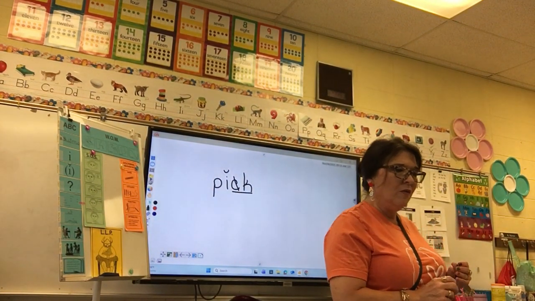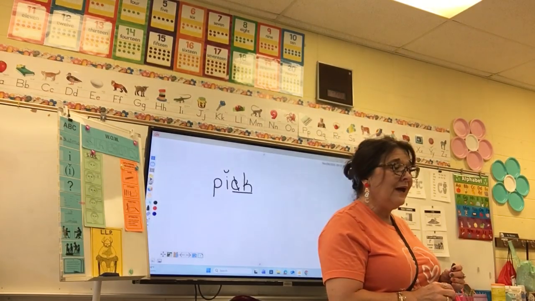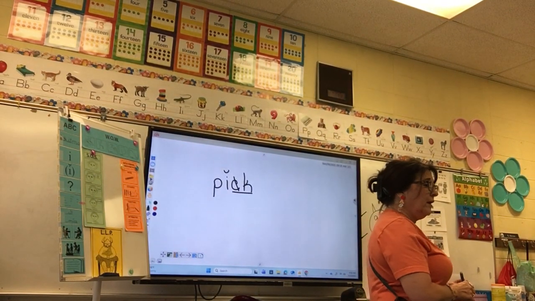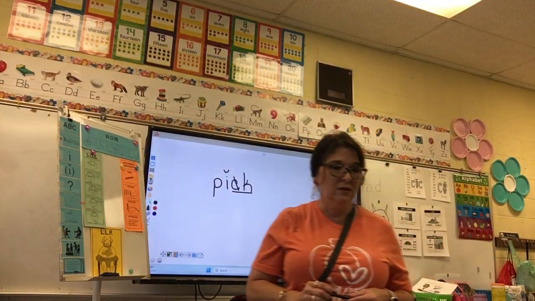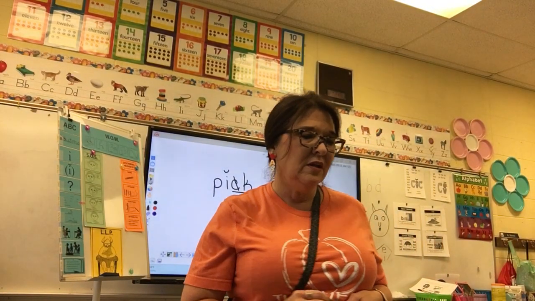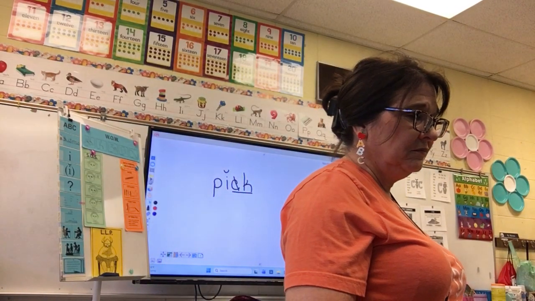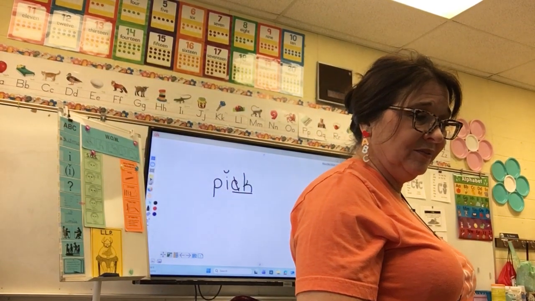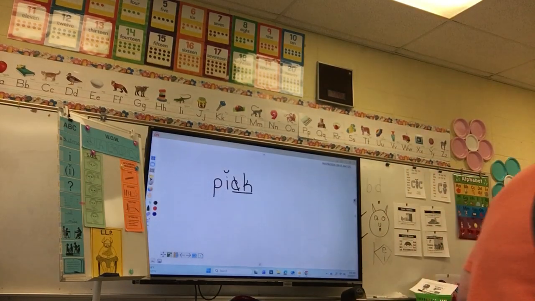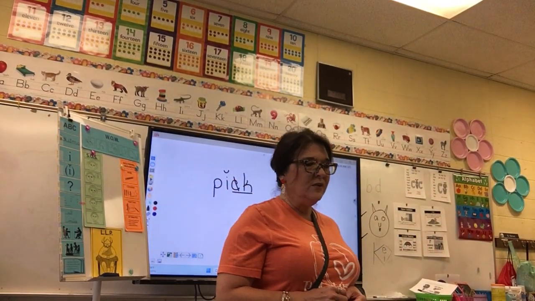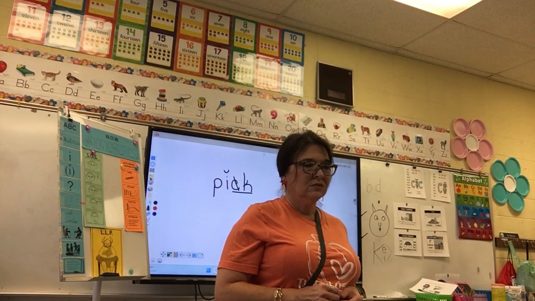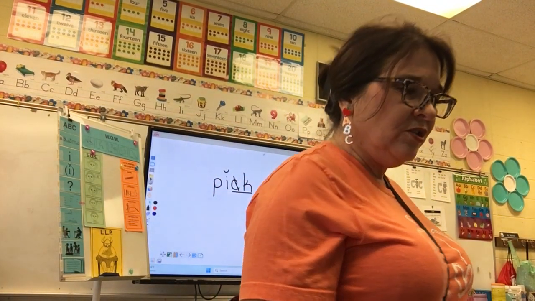So on the first row, I'm going to let you go ahead and code each word because y'all are getting great at this coding. So go ahead and code each one. Good job. Great. Okay, so let's go. Ready? Let's read them. Rock, sack, kick. Good job.